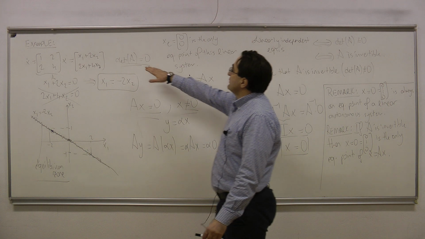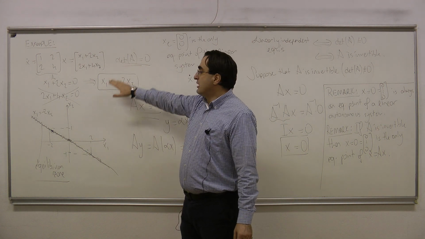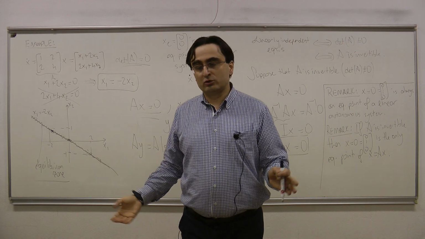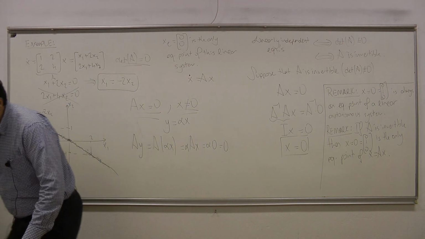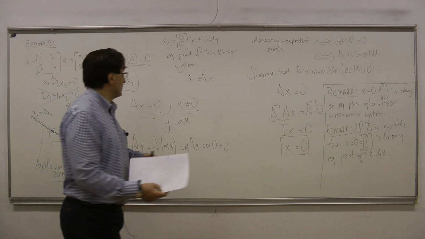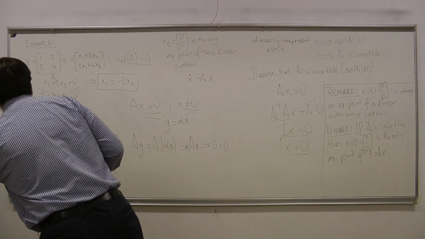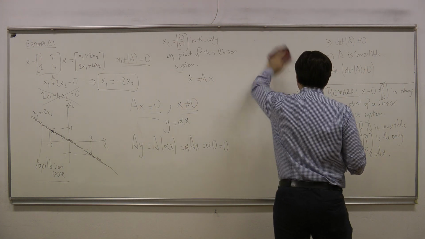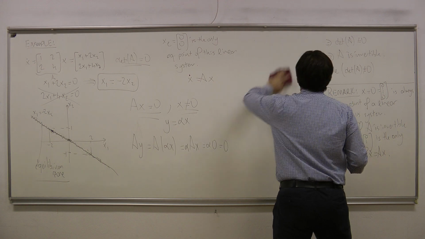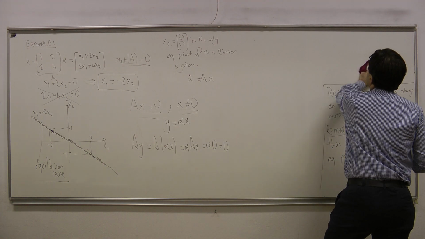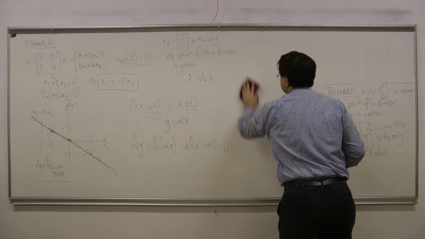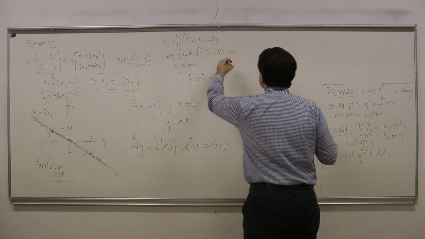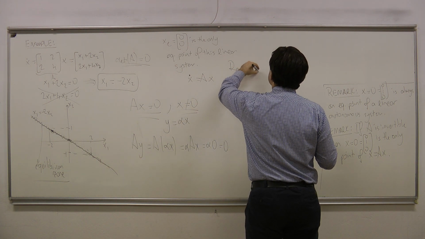If the determinant is exactly equal to 0, then the linear system has infinitely many equilibrium points. Let us write this as a remark. Remark.